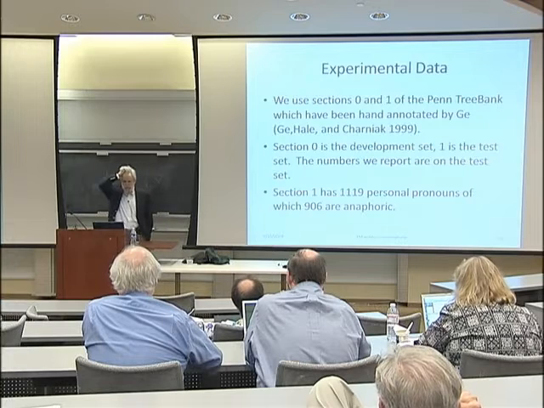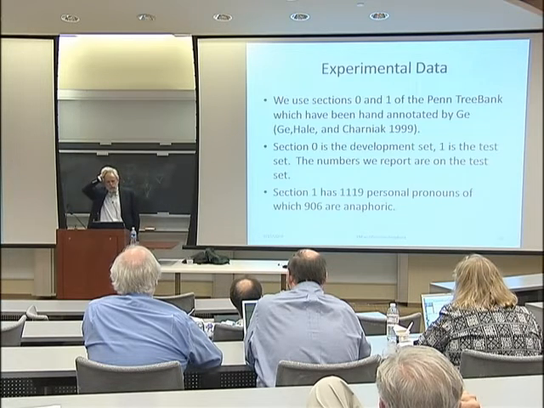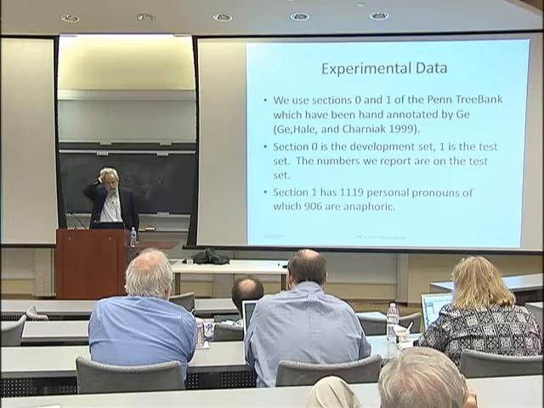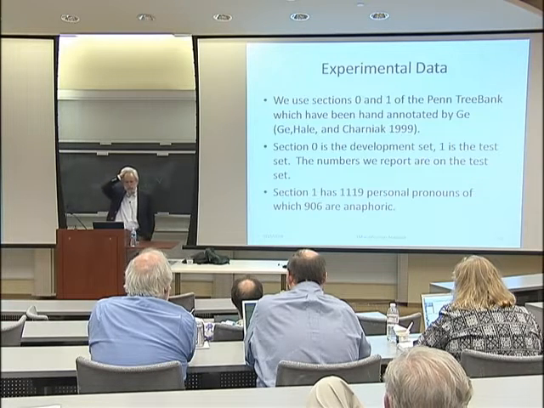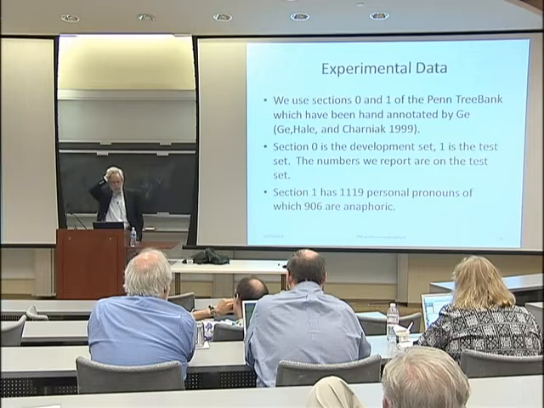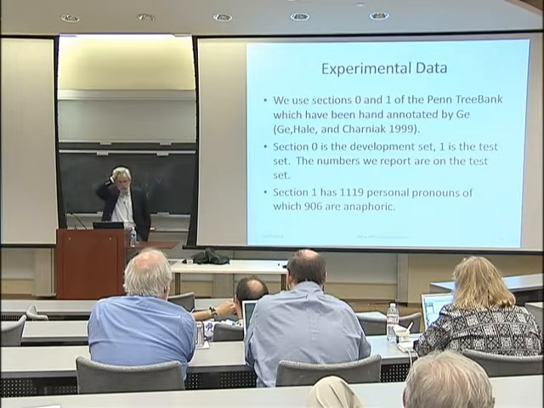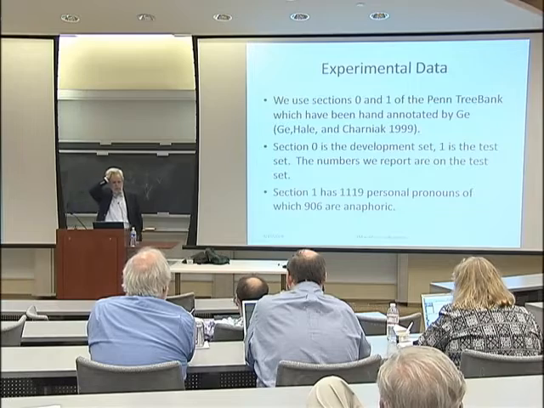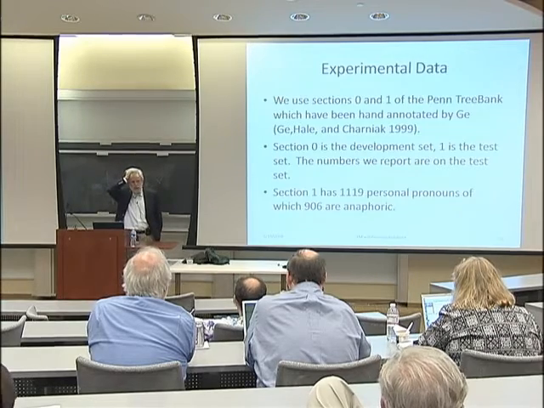For the experimental data, we use sections 0 and 1 of the Penn Treebank, which were hand annotated by Niu Ji and were used in this paper I mentioned earlier. Section 0 is the development set, section 1 is the test set. Needless to say, the numbers I'm reporting are all on the test set.